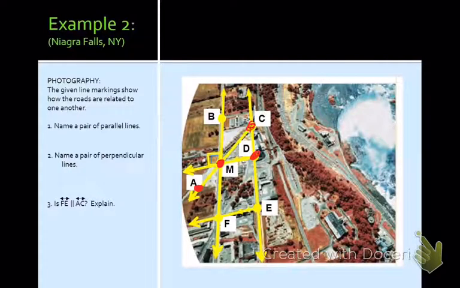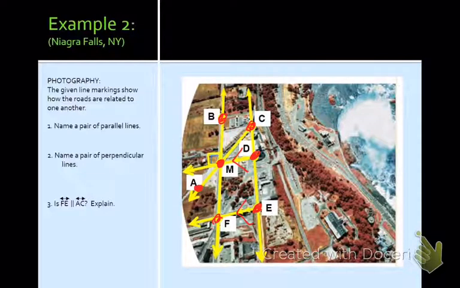Point D, point C, point B, point F, point E. And then you also need to understand that these two lines right here are meant to be parallel. They're supposed to have arrows on them anyway, I should say. Okay? So from this diagram, name a pair of parallel lines.